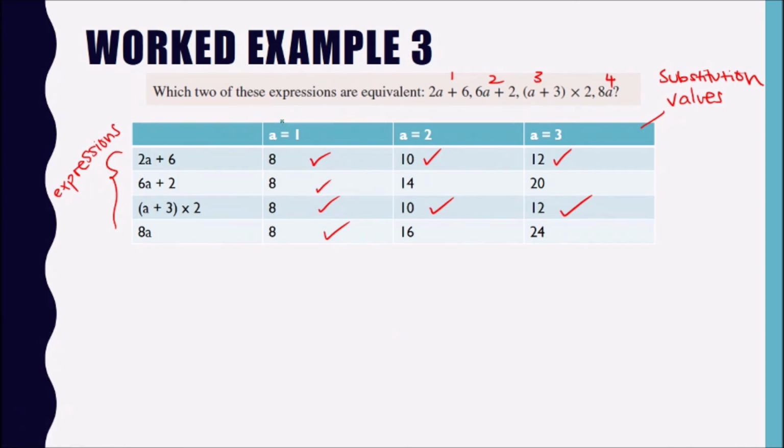So we could say, okay, therefore, after you've solved all of this and shown your working out, you would write 2a plus 6 and 8 and a plus 3 times 2 are equivalent expressions.